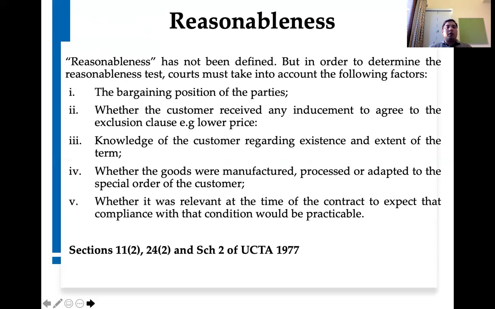Third, knowledge of the customer regarding the existence and extent of the term. Fourth, whether the goods were manufactured, processed, or adapted to the special order of the customer. And fifth, whether it was reasonable at the time of the contract to expect that compliance with the condition would be practicable.